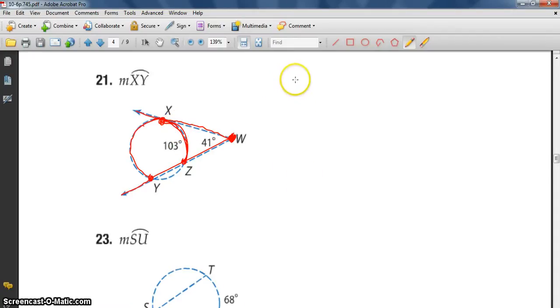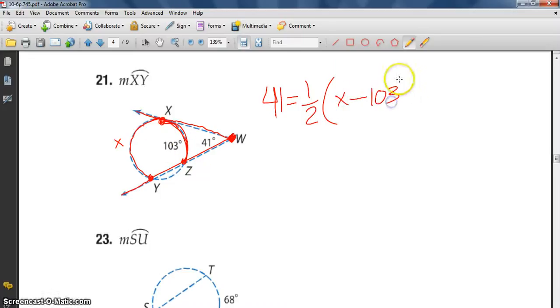So you always have to set it up from the formula. The formula states that the angle is equal to half of the difference of the two intercepted arcs. Well, I don't know what xy is. I'm just going to call that some variable. We'll just call it x minus this inner arc, 103. And you have to solve for x.